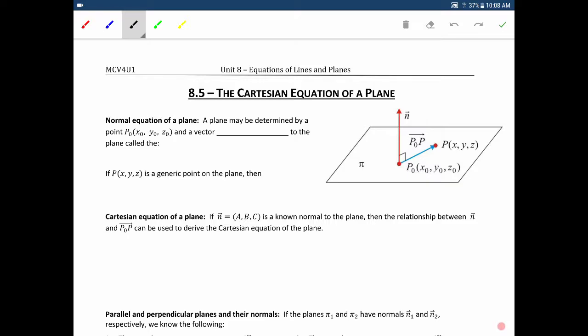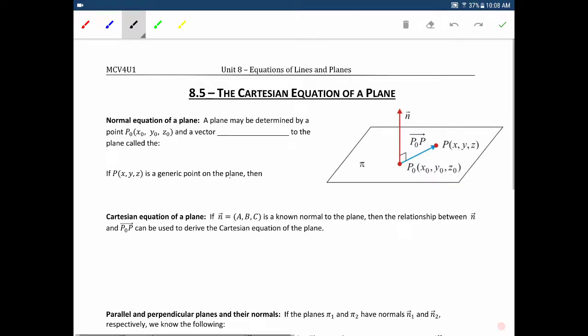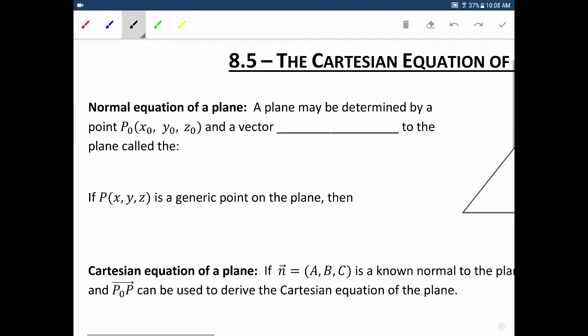A plane may be determined by a point, P, which is on the plane, as well as a vector, and the vector has to be perpendicular to the plane, called the normal.